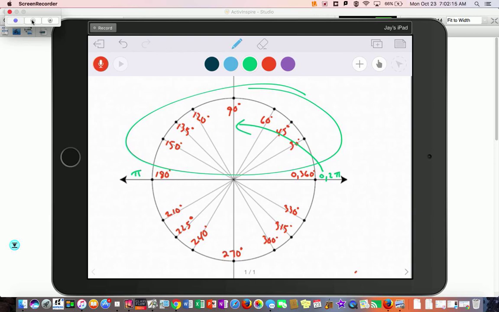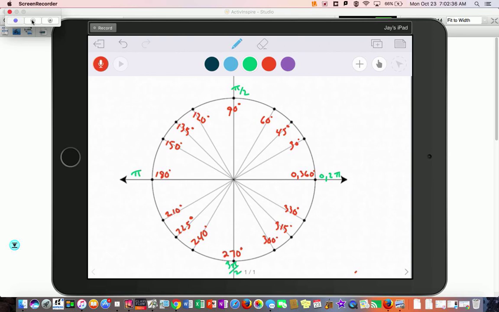So we would say half of pi, or pi over 2. So you can start at the beginning and go 0, pi over 2. 1/2 plus 1/2 is 1, that's why that one's pi. And then the one down here would be 3 pi over 2.